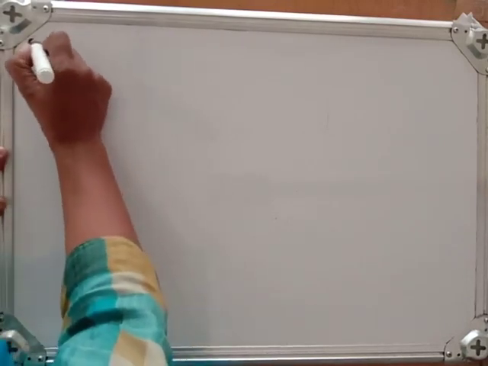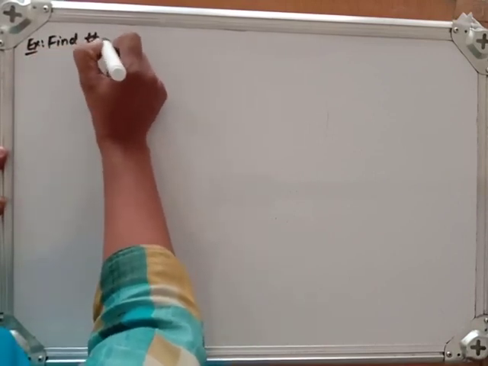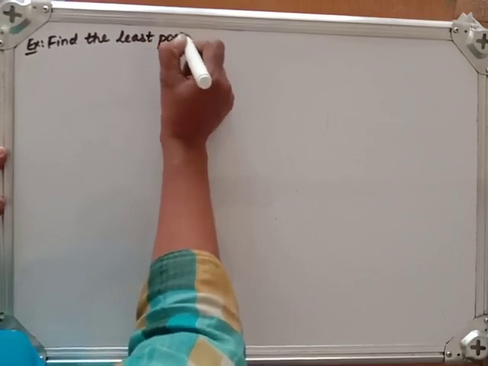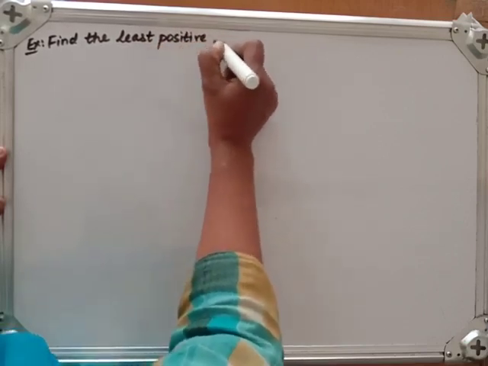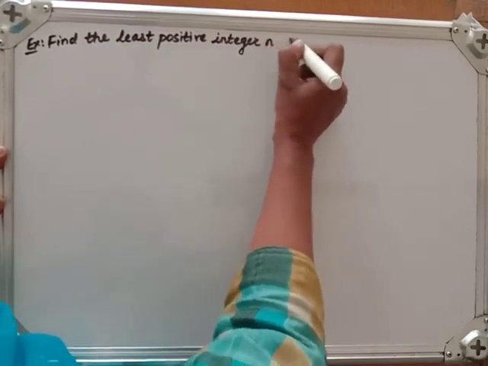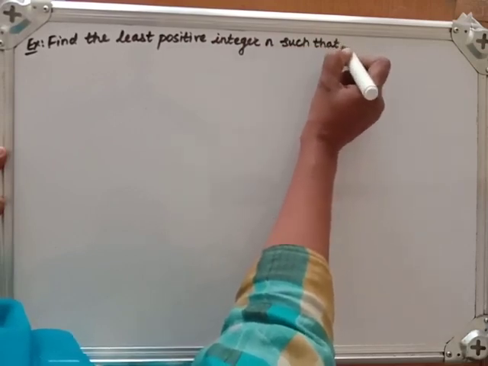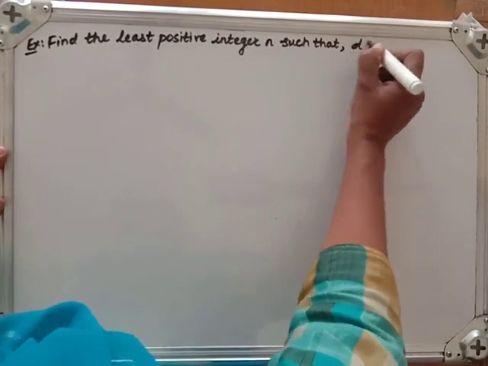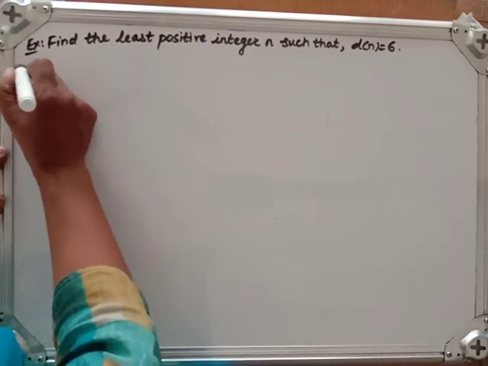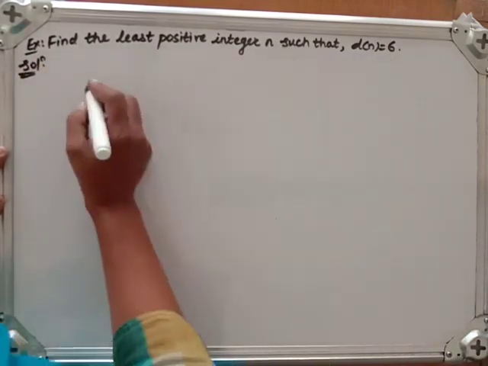So, example: find the least positive integer n such that d of n is equal to 6. So solution, we have to find the positive integer such that this condition should be satisfied.